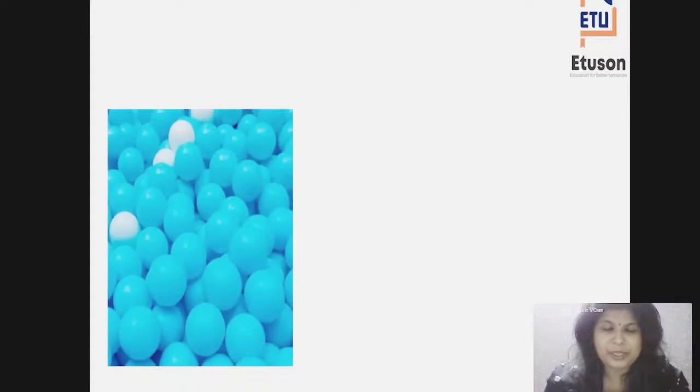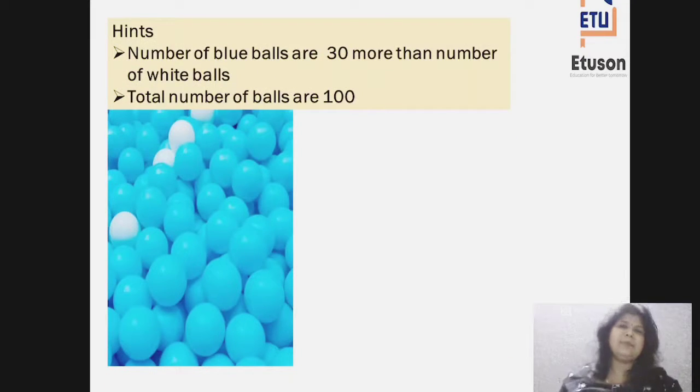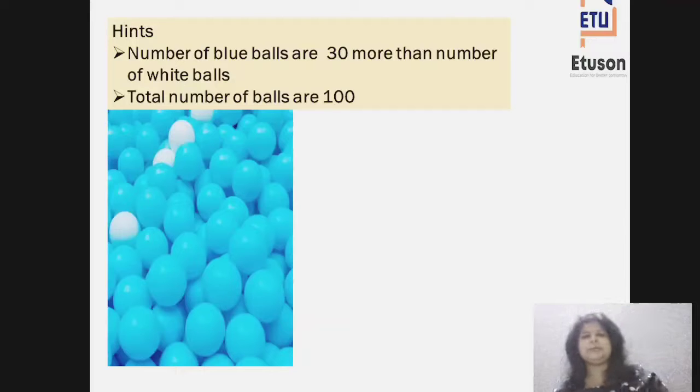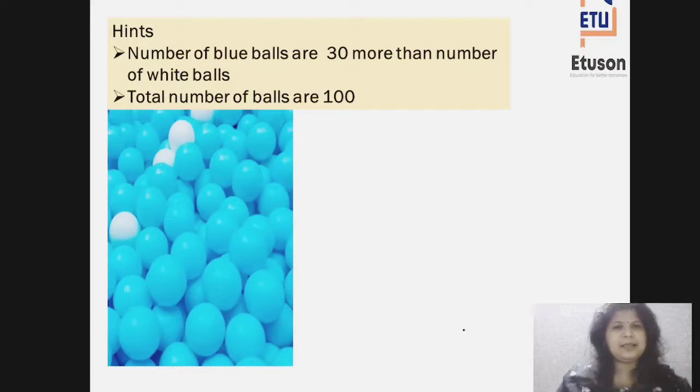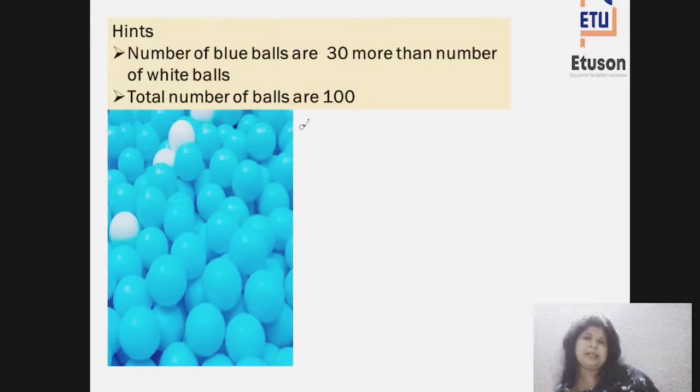next problem, where we need to find out the number of blue balls and number of white balls. Okay. So how to start? Similar process. Let the number of white balls be x.